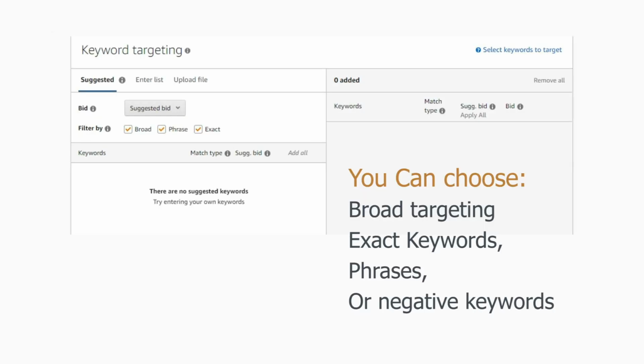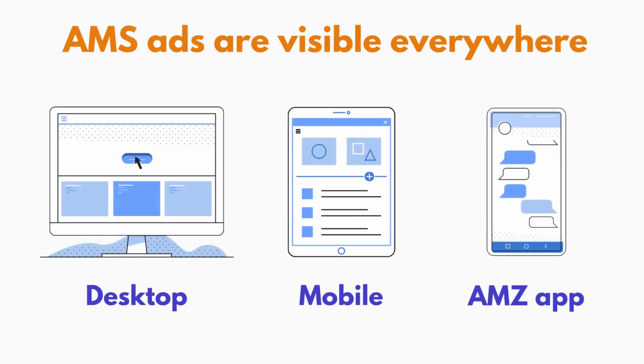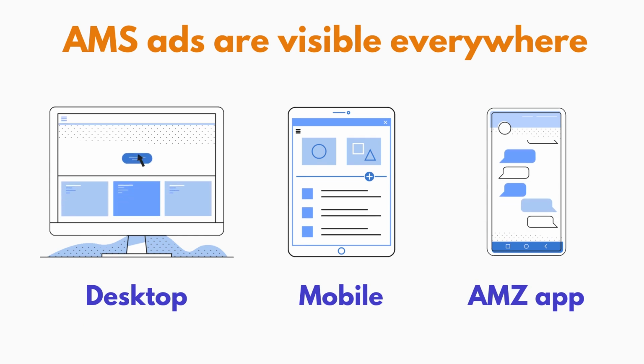You can, if you want to, select the keywords to target, or you can let the Amazon system target relevant keywords automatically for you. You can also control how much you want to spend on your bids and budget, so you have full control over your ad campaign.